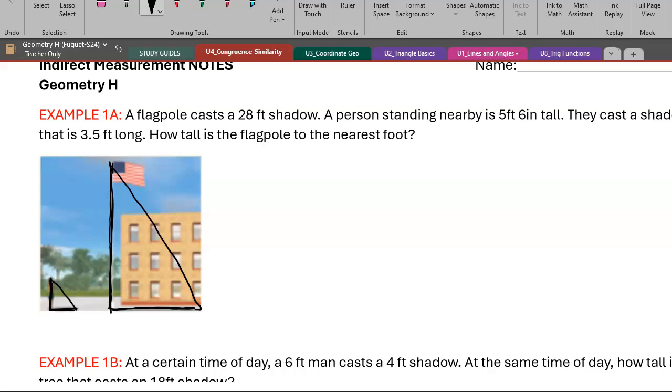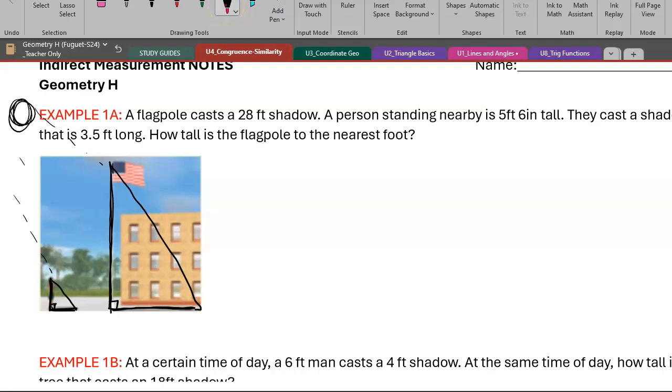The person and the flagpole are both perpendicular to the ground, there's your 90 degrees. The sun creates the shadow, and it hits the flagpole at the same angle that it hits the person. That's why we can use similarity and proportions to find this height.